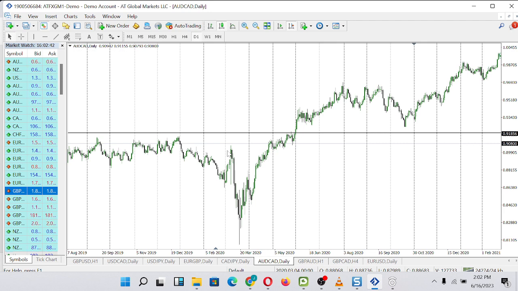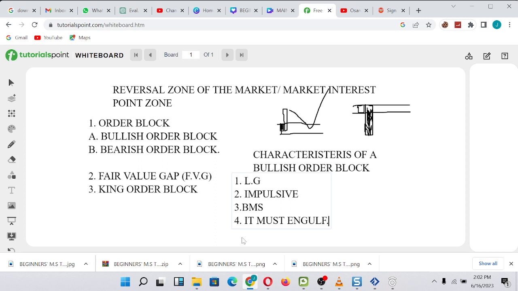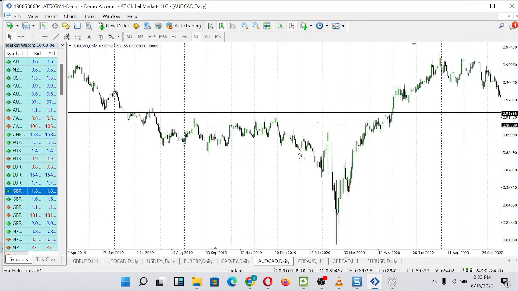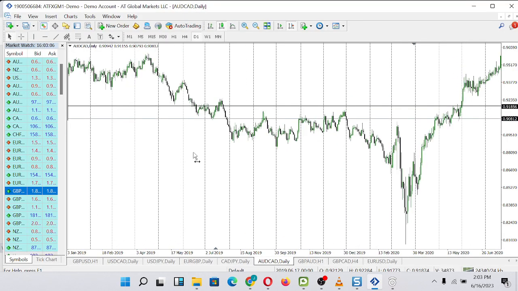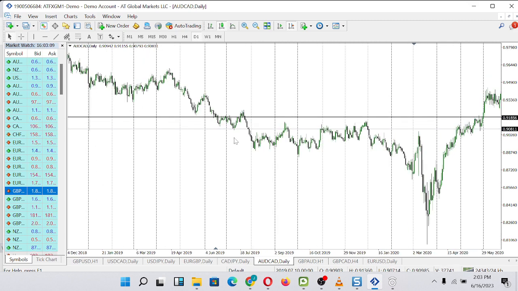So the major characteristics: if we have only impulsive and break of structure, we can still take the trade. But for a good bearish or bullish order block, you must have the 4, right? But you can have situations where you will not have 1 and 4.